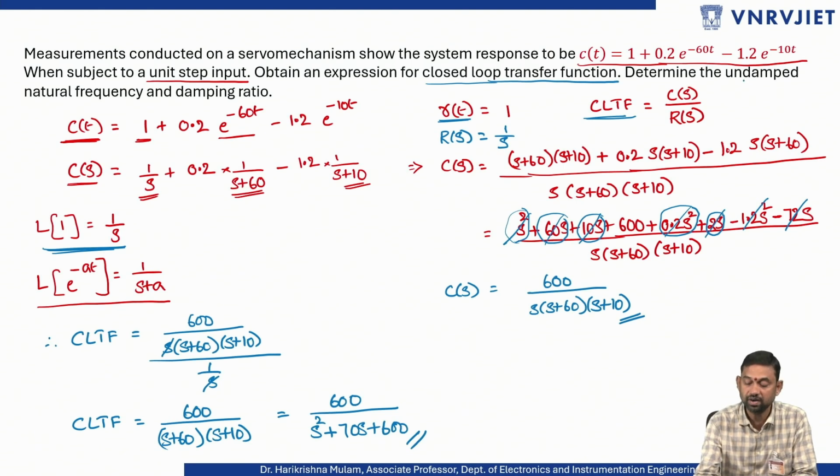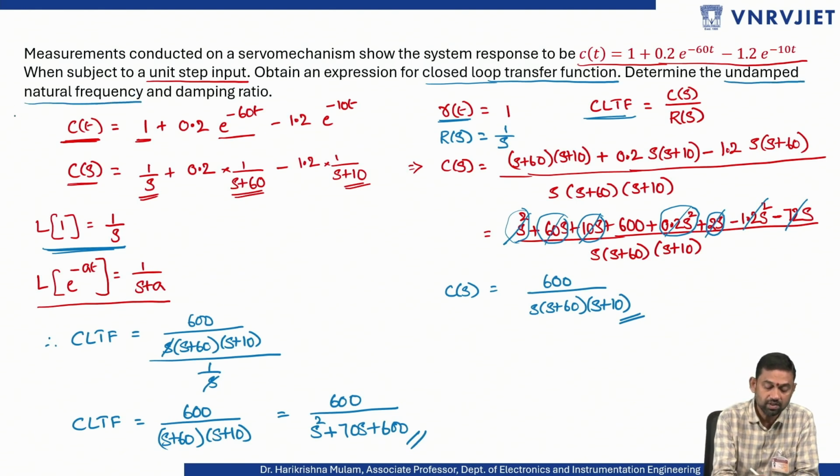What else do we need to find? We need to find undamped natural frequency of the system, which is represented as omega n, and damping ratio of the system, which is represented as zeta.